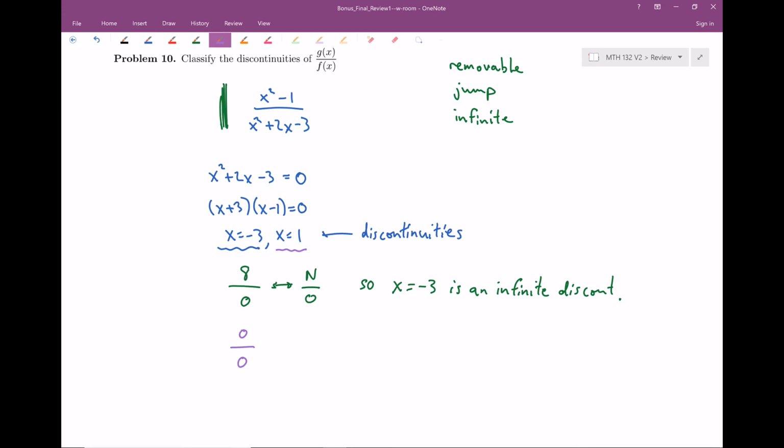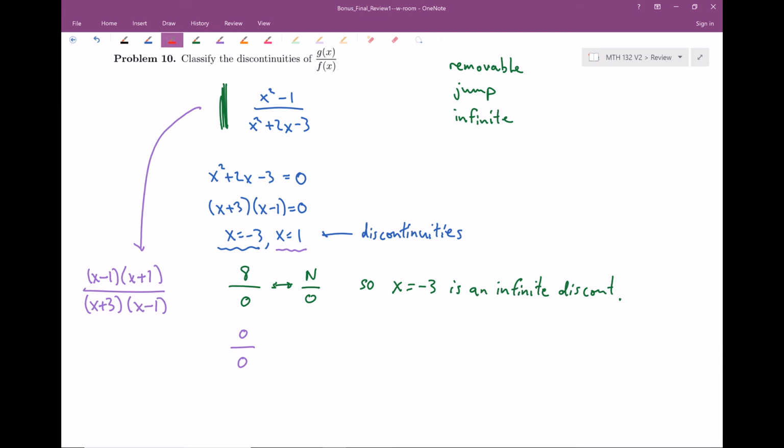But let's go ahead and double check. So the act of removing a removable discontinuity is when I simplify this down. So if I factor the numerator, I would have x minus 1 times x plus 1, because this is a difference of squares. And in the denominator, I already factored that down here. It's x plus 3 and x minus 1.